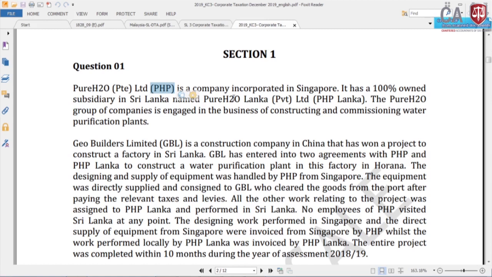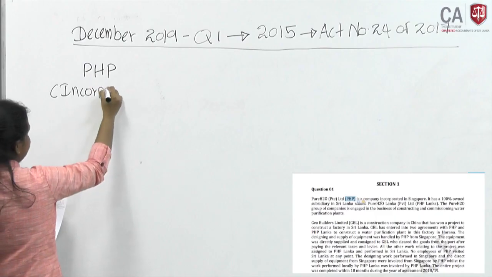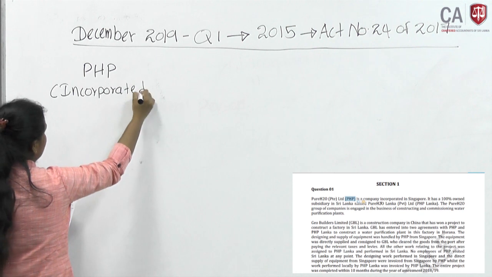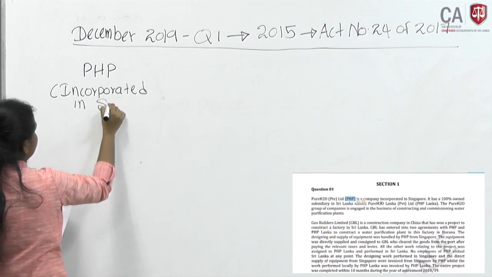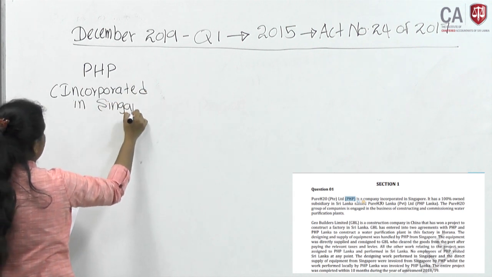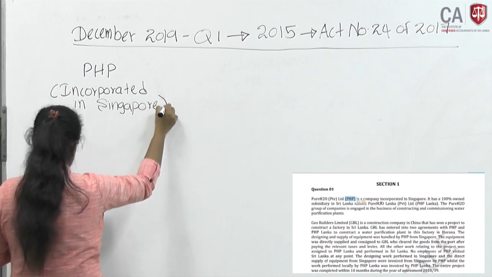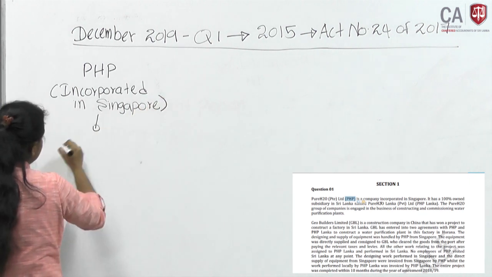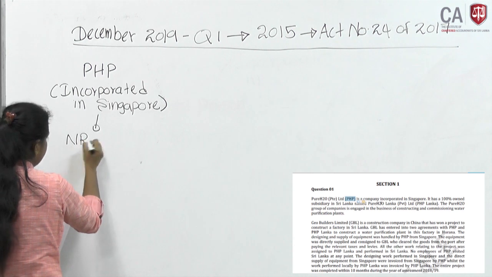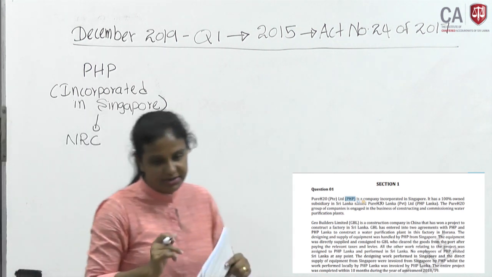This is PHP Singapore, incorporated in Singapore. That means if it is incorporated in Singapore, what is this? Non-resident company. Up to now we know that.